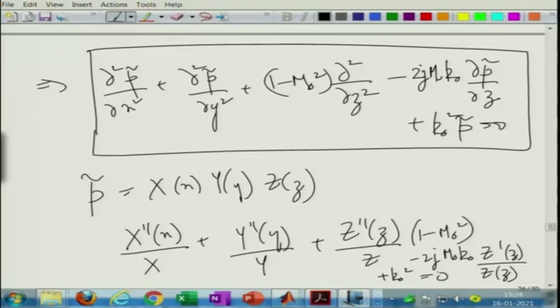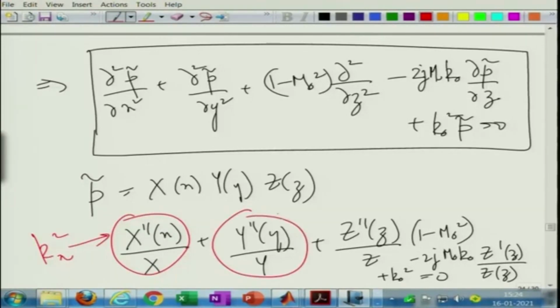So, you can assume this particular term is kx square, and the same thing can be done with this one. This can be minus ky square.